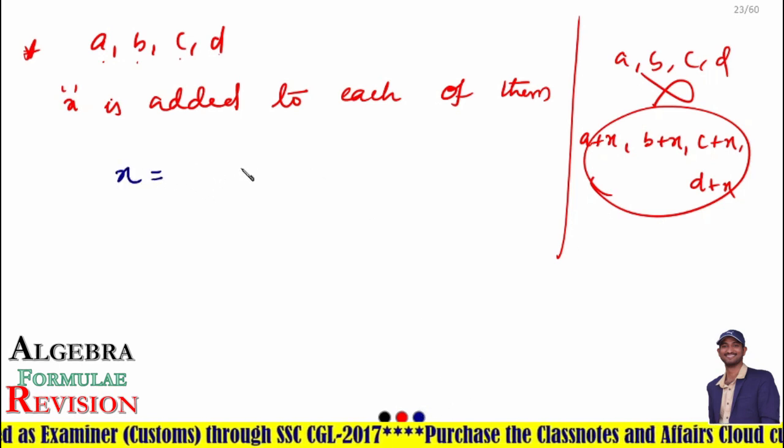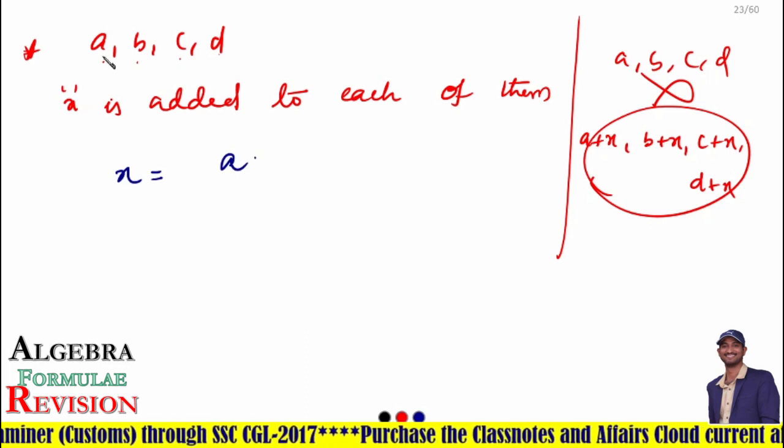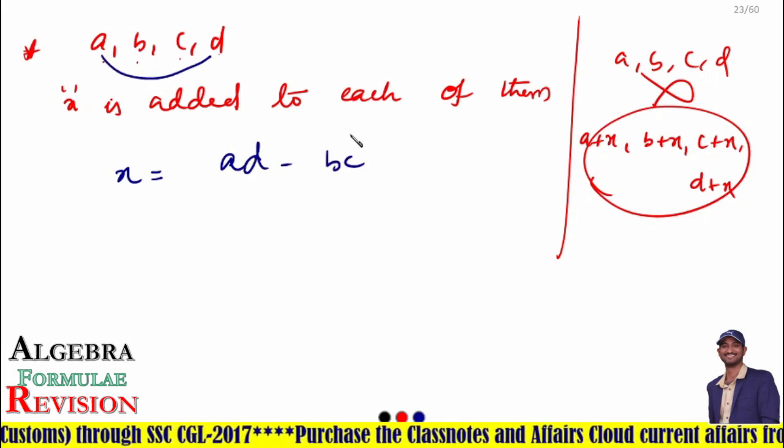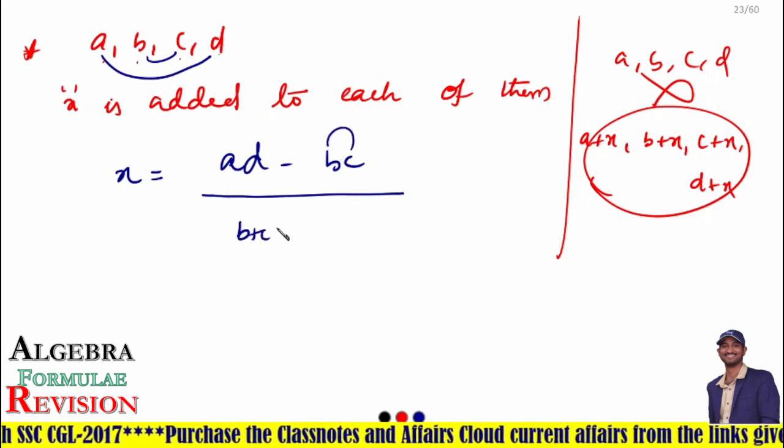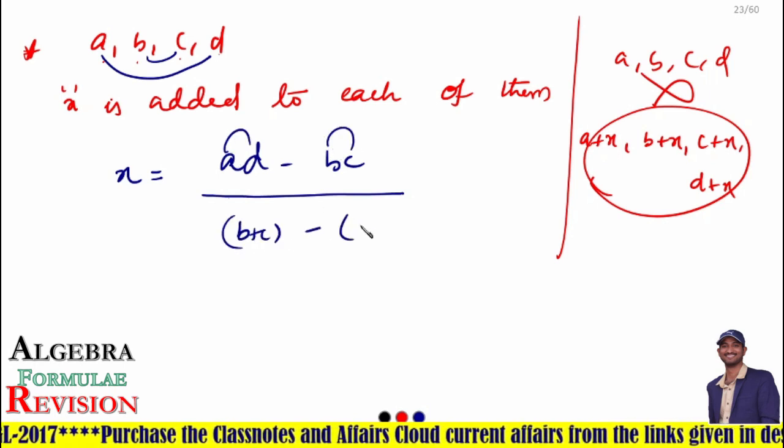This is very, very important. AD minus BC by B plus C minus A plus D.